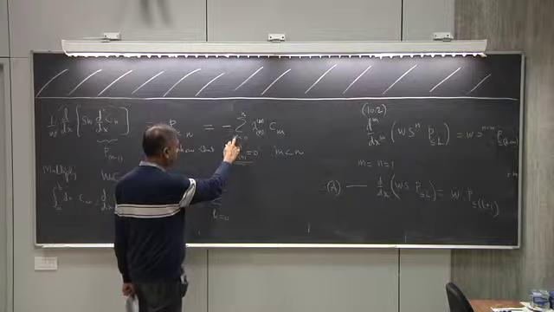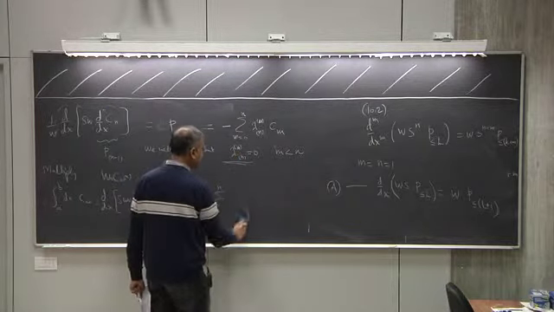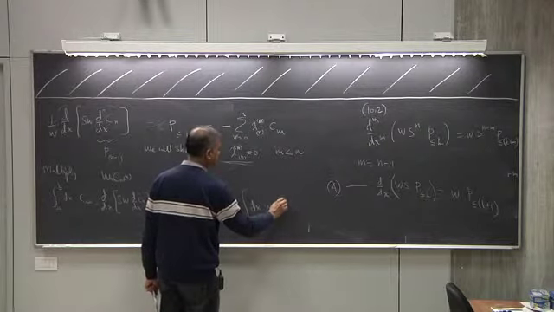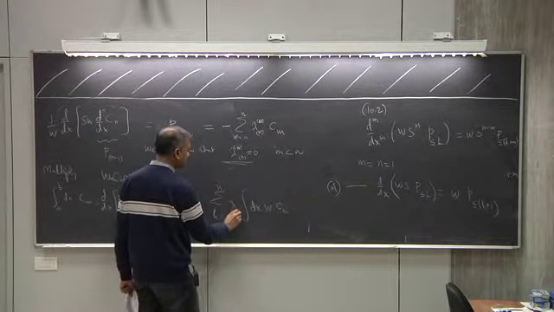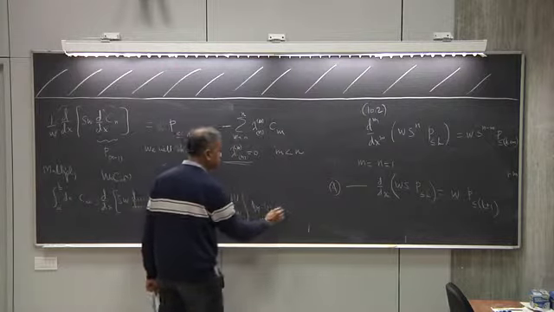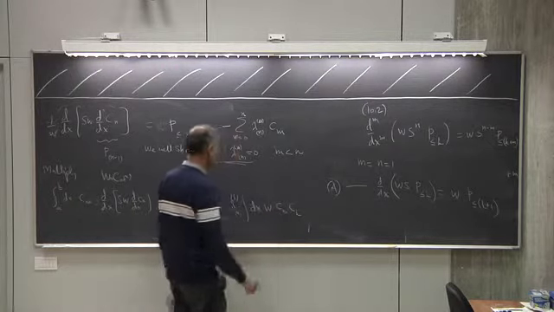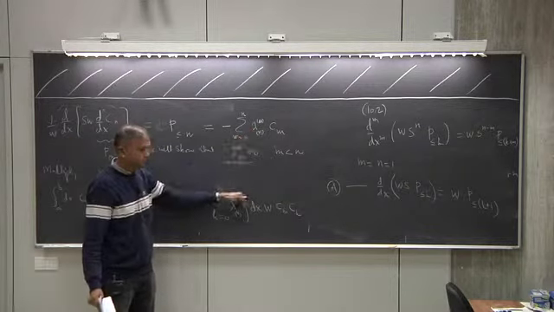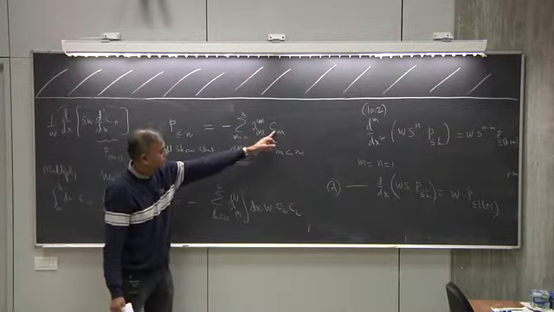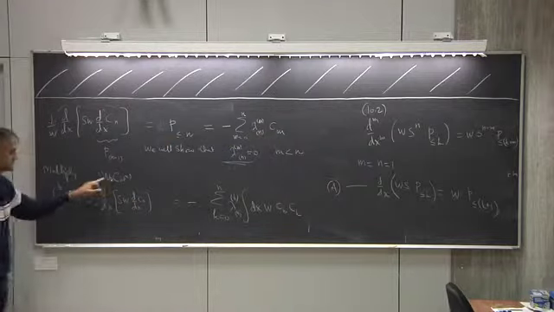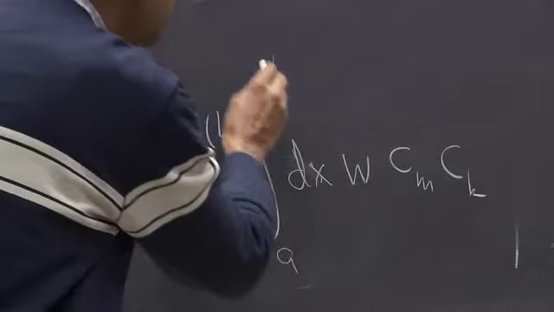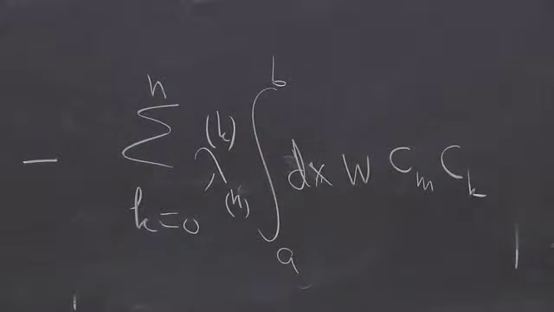So I just replace m by k here, and then you have the integral dx w C_m, there is lambda_{nk} C_k. These lambda are constants, so they can be taken out of the integral. What is inside is only a function of x, and these guys are functions of x. So I put that in the integral, again from a to b. Okay, that's what I just did.